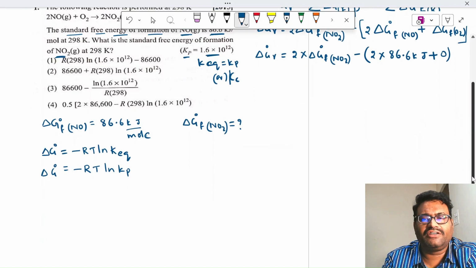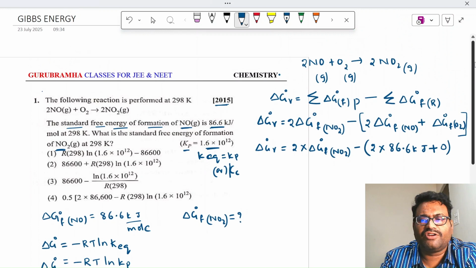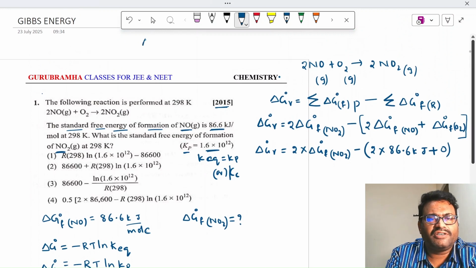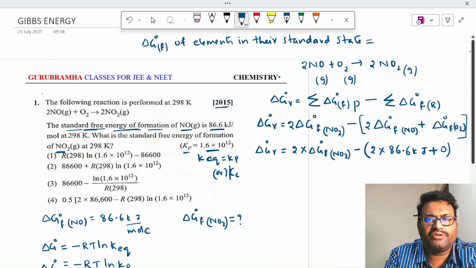So what is that condition? Delta G naught f means what? The standard free energy of the formation of elements in their standard state is equal to 0.